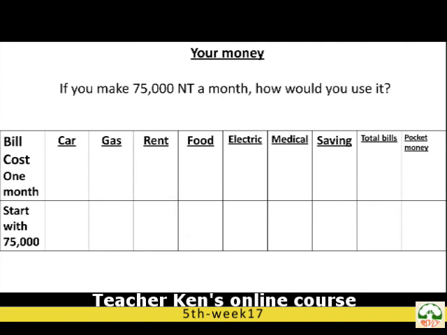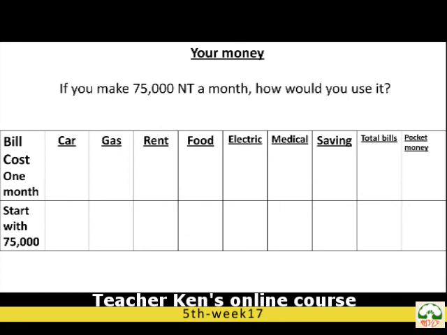And I want you to go all the way down the list and think about your cost as an adult, not as a child. This is a future idea. When you become a grown person and you are taking care of yourself, and maybe your family members also, maybe your husband, maybe your wife, maybe your children, maybe you take care of your mom, maybe you take care of your dad. What are your bills every month?